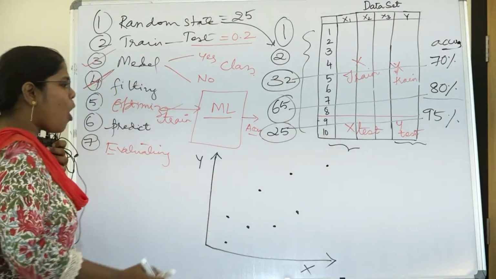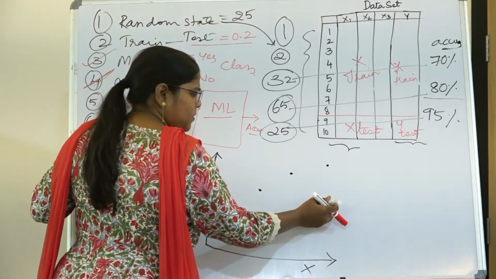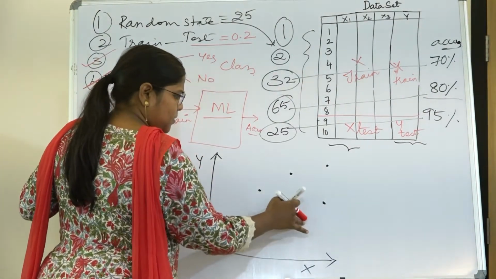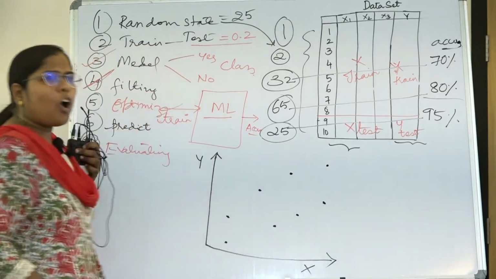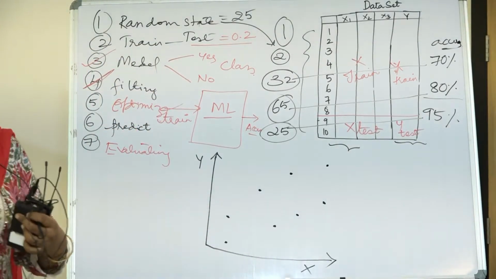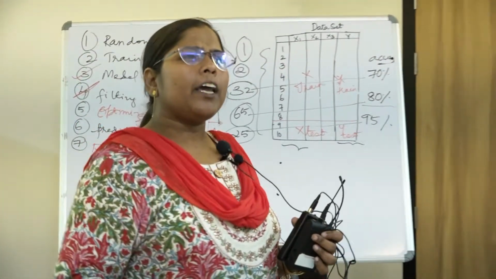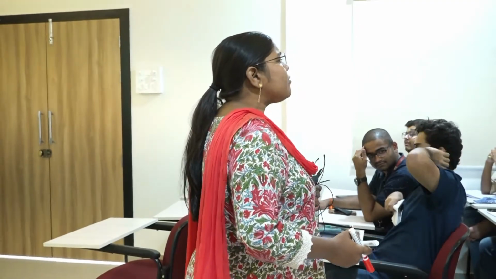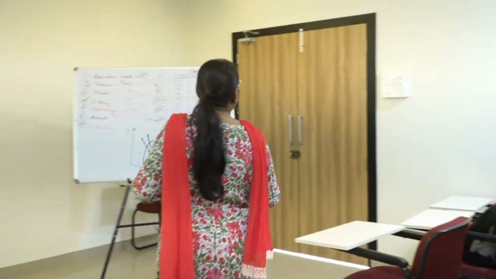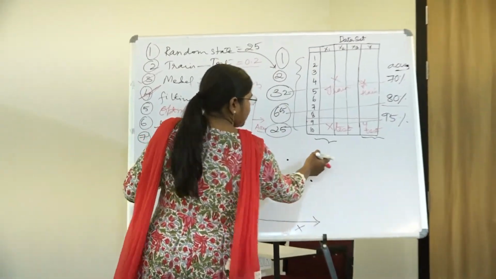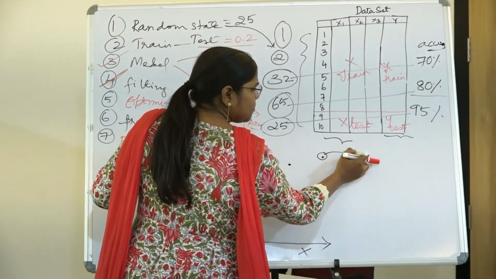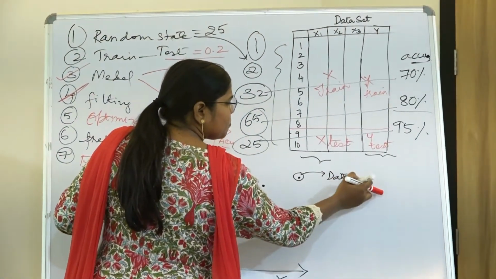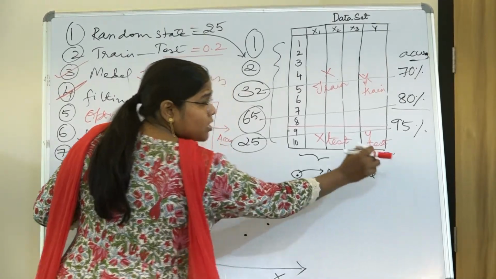I model all the 8. So, what I have done, whatever the 8 instances are there, how many data points do we have now? Each is called a data point.